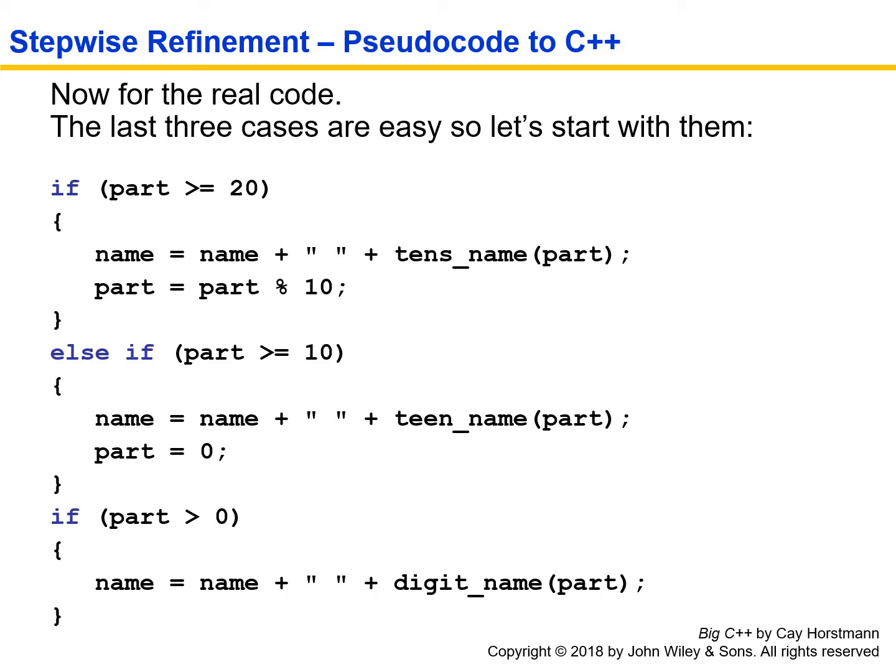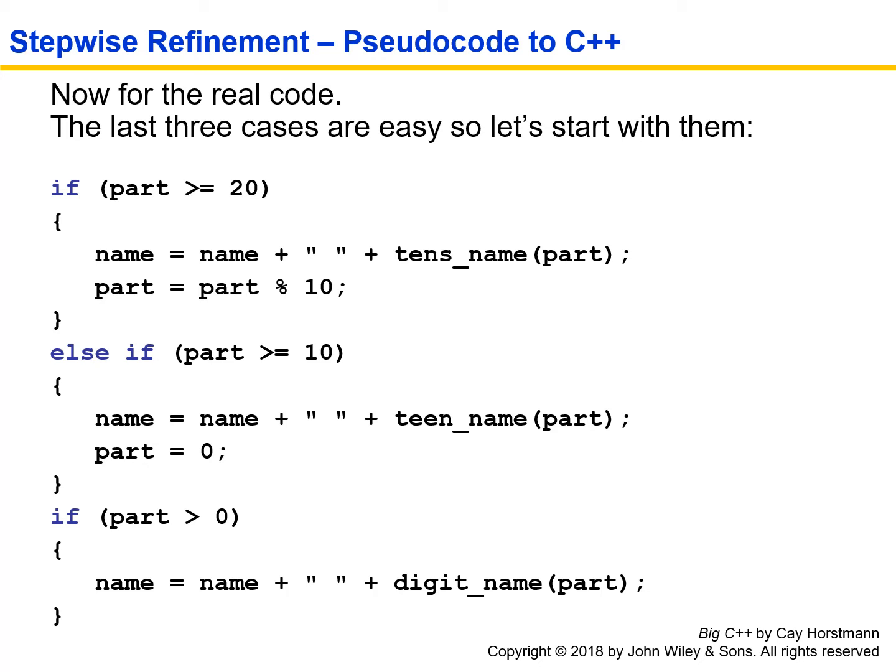So let's convert our pseudocode to C++. The last three cases are written first here. If part greater or equal 20, name is name plus a space, and then tens name of part, and part equals part %10. Else if part greater or equal 10, name is name plus teen name, part equals 0.